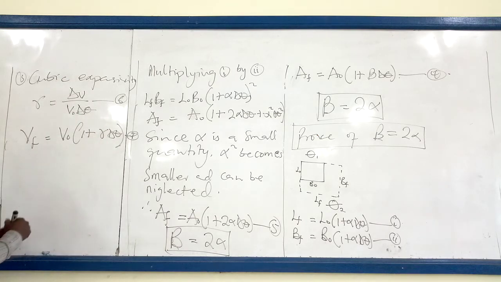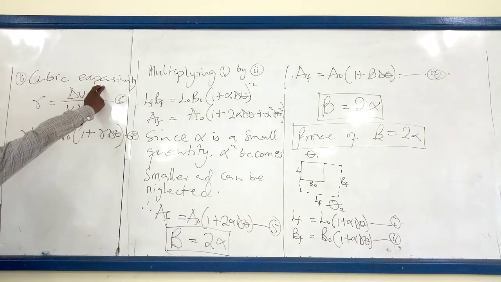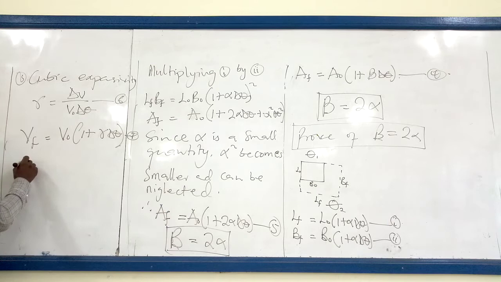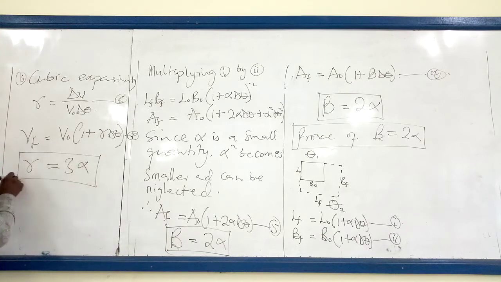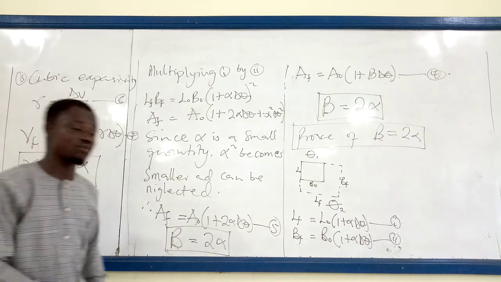Now the relationship between cubic expansivity and linear expansivity is that cubic expansivity is equal to 3 times linear expansivity. And this one too, you may be asked to prove it.